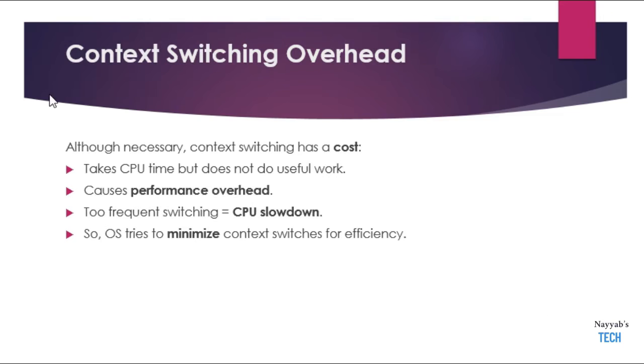So what is the context switching overhead? Context switching is necessary, but it has a cost. The CPU takes a lot of time, and during that duration the CPU does not do any useful work, and it causes performance overhead. Too frequent switching will slow down the CPU performance, and the OS tries to minimize context switching for efficiency.